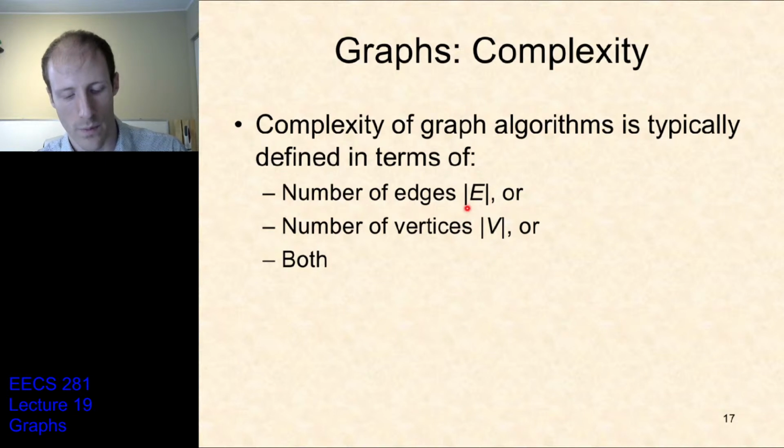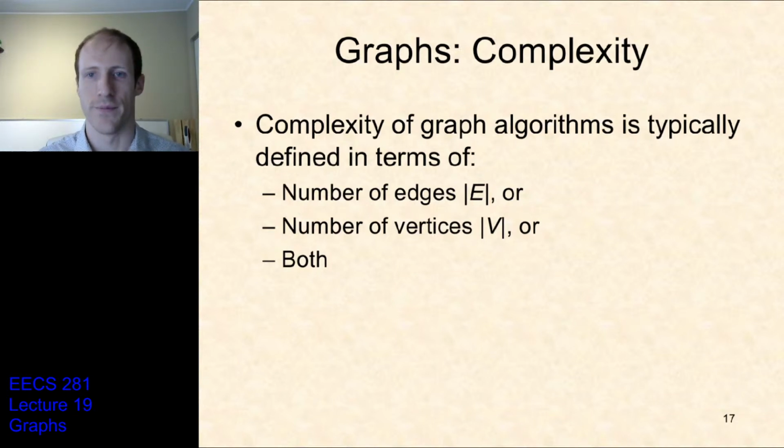And here, what this expression means is this is the set E of edges, and these parallel bars on each side of it mean the number of elements in the set. So this is just the number of edges. Sometimes you will see it written without the parallel bars, which is just a little bit of math hand waviness.